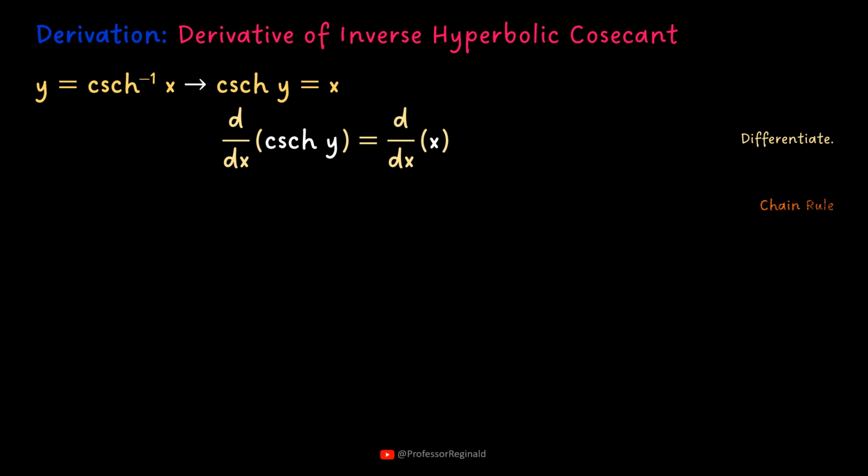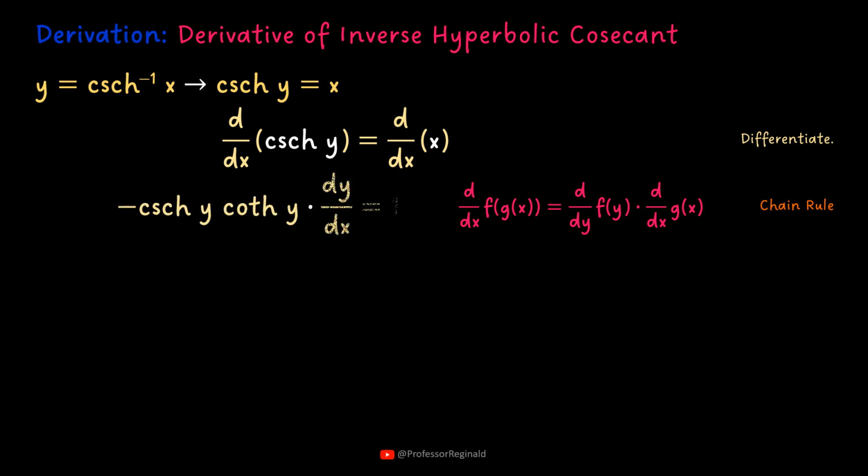Apply the chain rule as in the previous derivation. The derivative of the hyperbolic cosecant of y is the negative of hyperbolic cosecant of y times the hyperbolic cotangent of y. Use a hyperbolic identity to express hyperbolic cotangent of y in terms of hyperbolic cosecant of y.